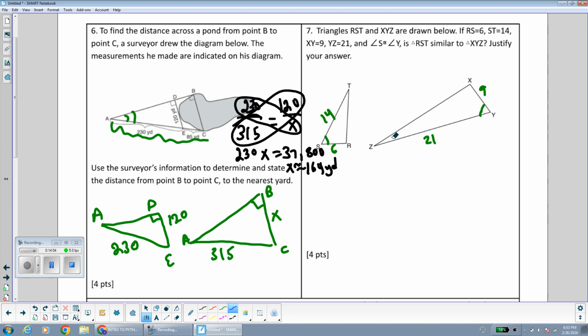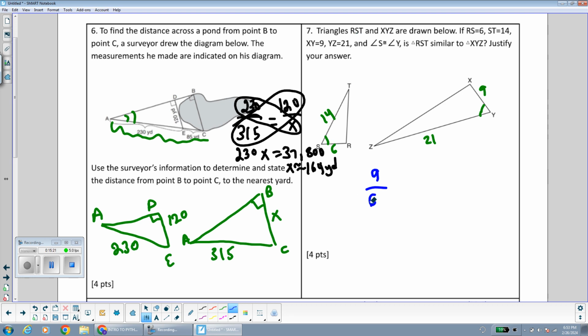A lot of you guys were finding the scale factor, so I'm going to do the same thing. I'm going to do side from big divided by corresponding side from small. So let me start with XY from the big triangle. Using the letters in the name, XY corresponds to RS, which is 6.